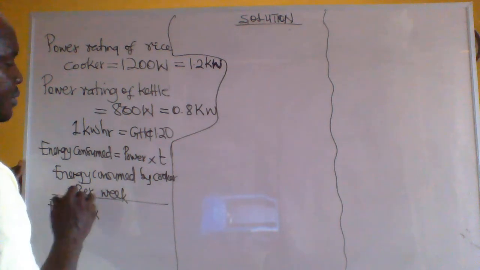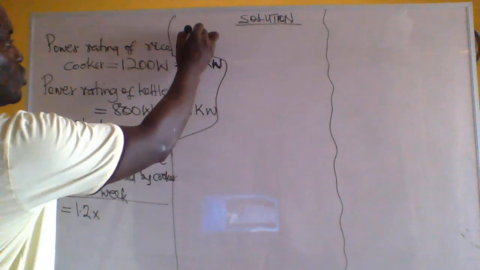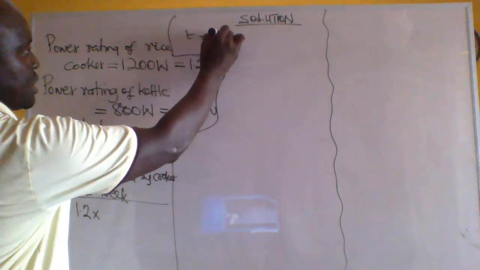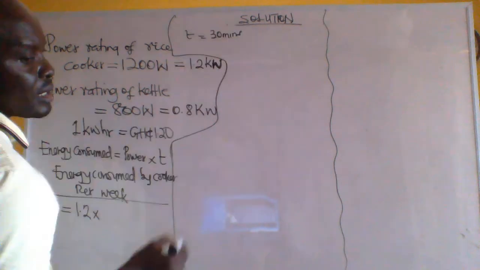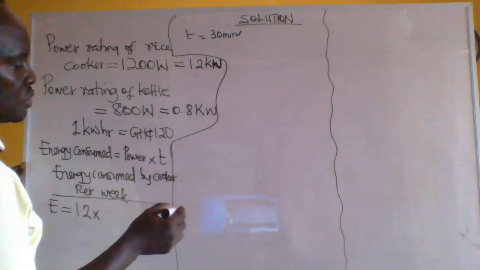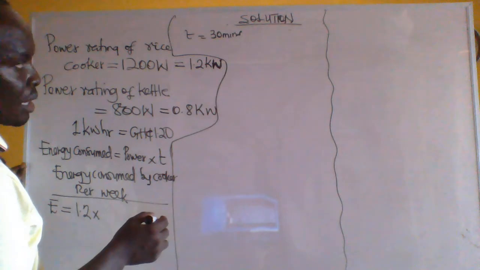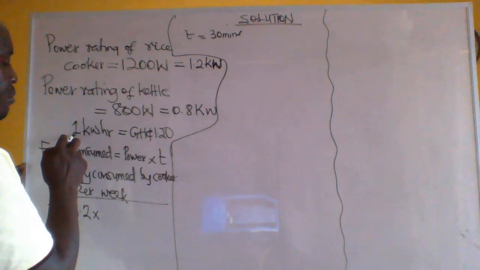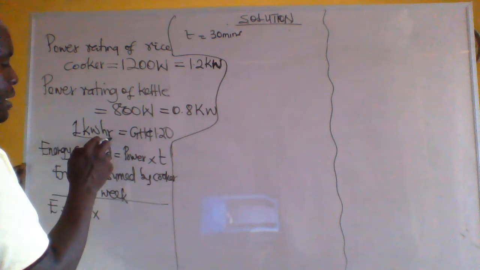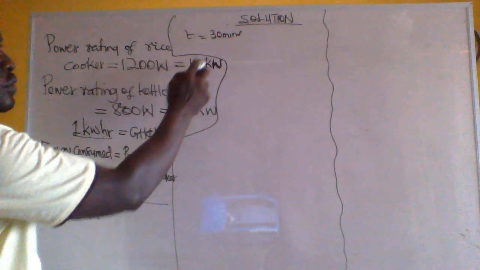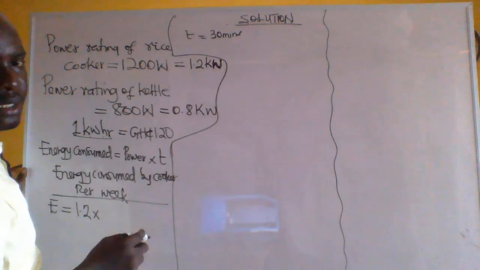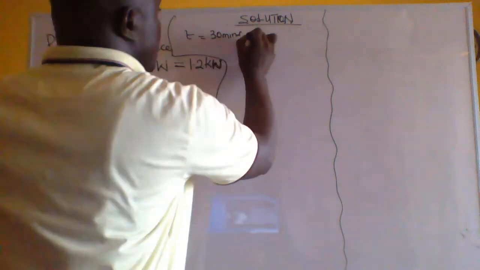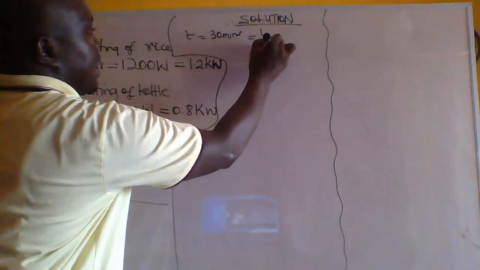She takes 30 minutes to cook rice, so T is equal to 30 minutes. We have to convert 30 minutes to hours, since the tariff is in kilowatt hour, and this is equal to half of an hour.